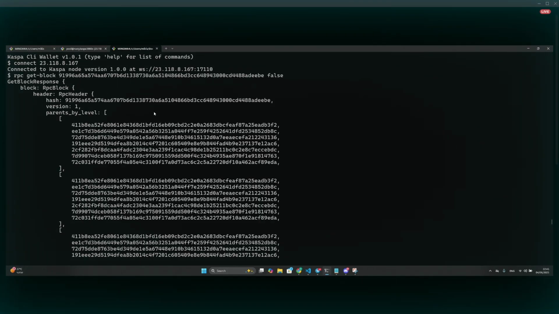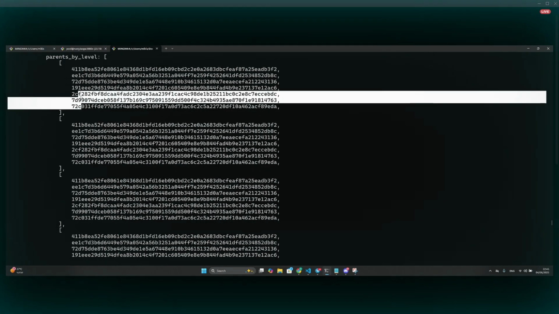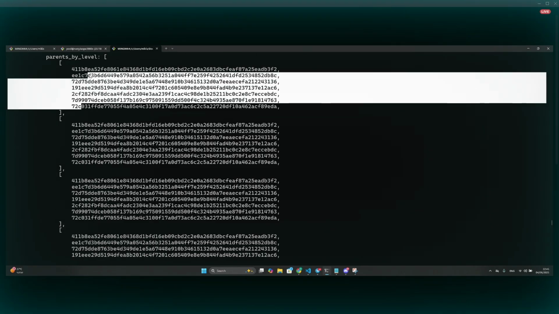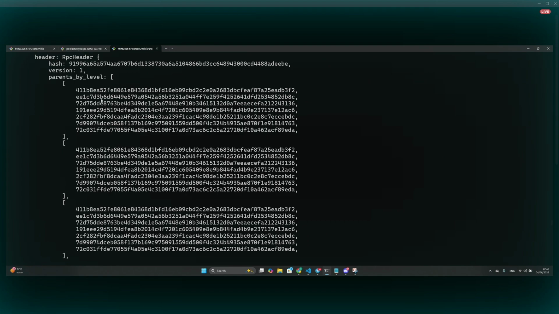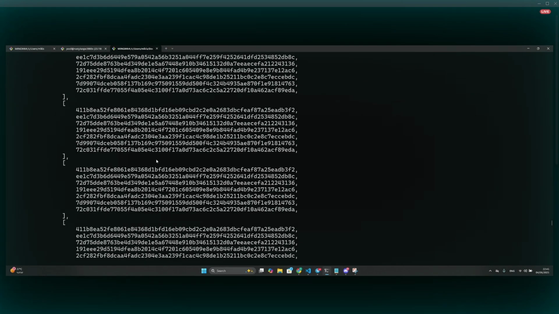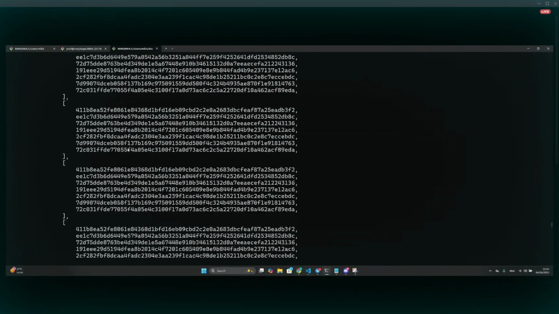With a simple print you can obviously see that on the first level this block has 7 direct parents. Let's see how many levels have the same identical 7 parents. So it goes 1, 2.